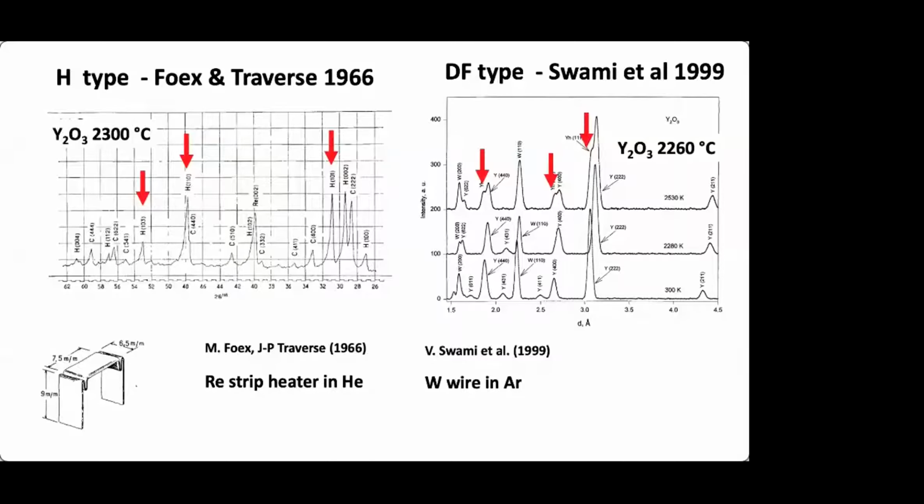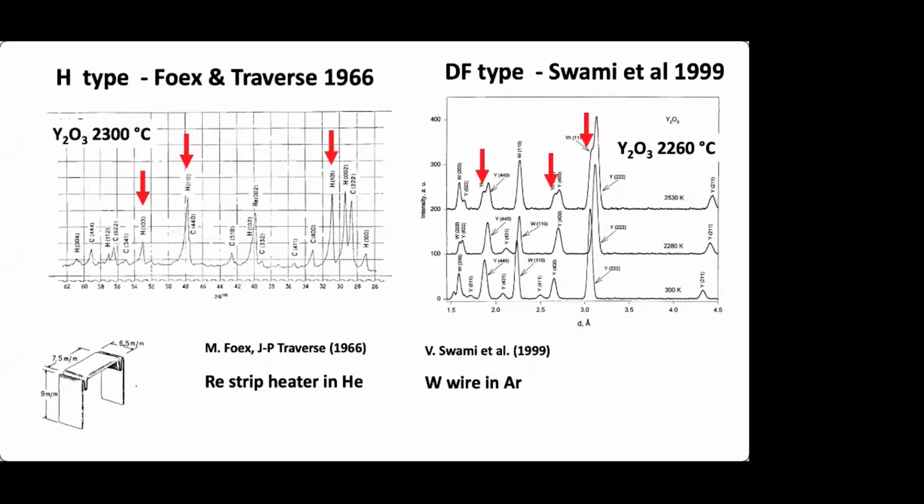And actually, that's how yttrium oxide was identified as an H-type structure by Foex and Traverse in 1966. They used a rhenium strip heater in helium atmosphere. And Swami as well used tungsten wire in argon in his high temperature diffraction measurements.